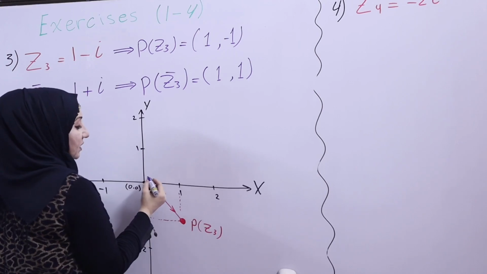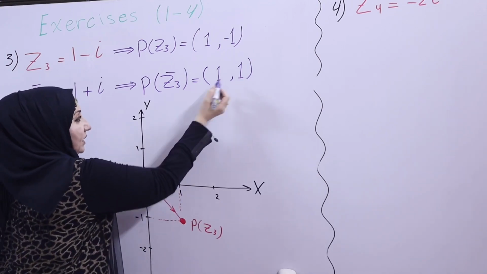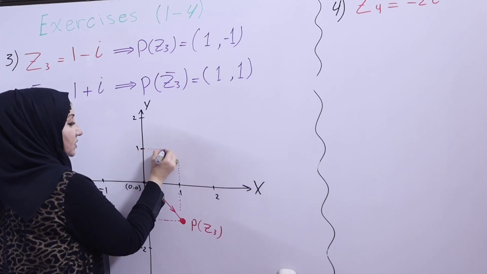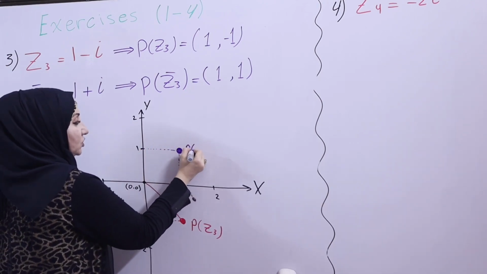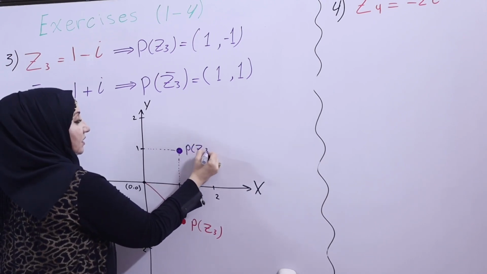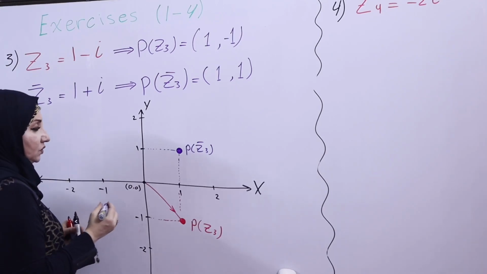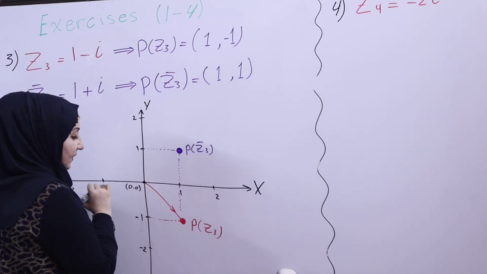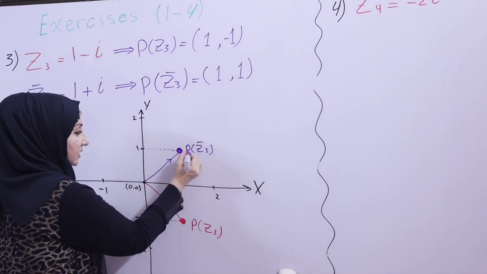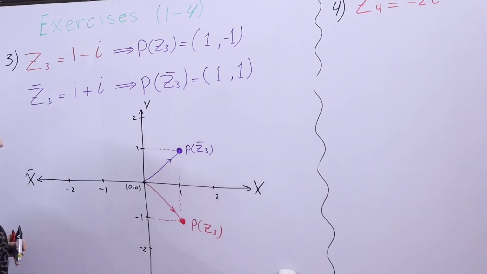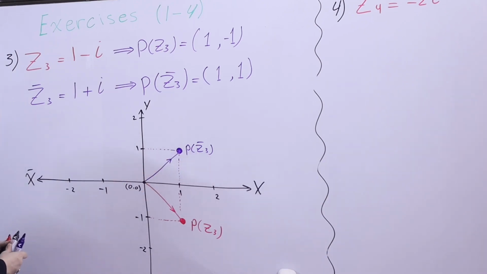The ordered pair is: the x coordinate is positive 1 and the y coordinate also is positive 1. So this is the point which represents the conjugate of Z3. And now to draw the Argand shape, we connect between the origin and the point which represents the conjugate of Z3.